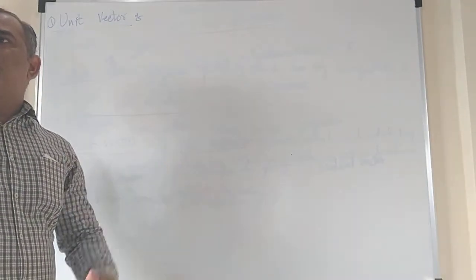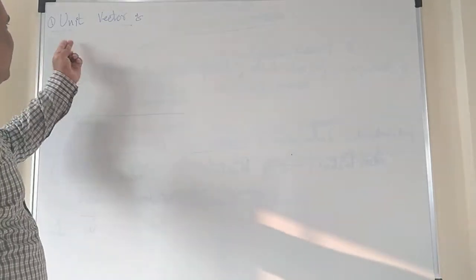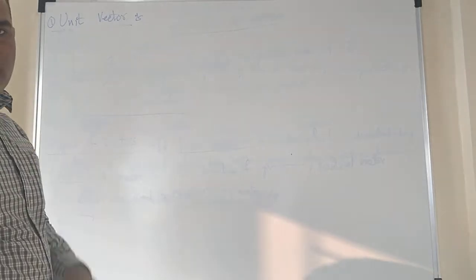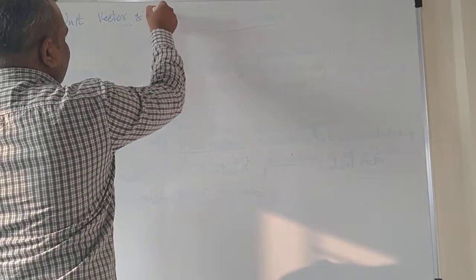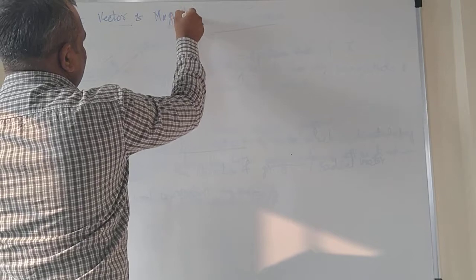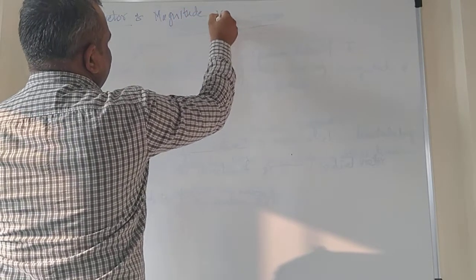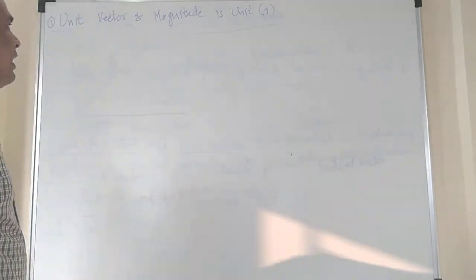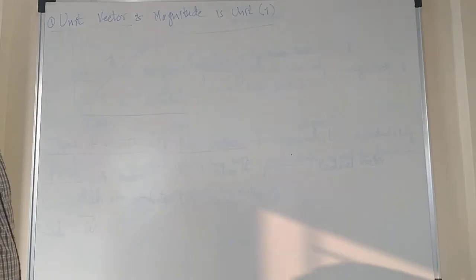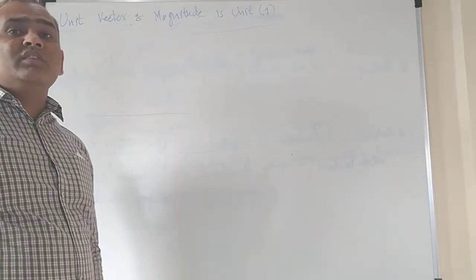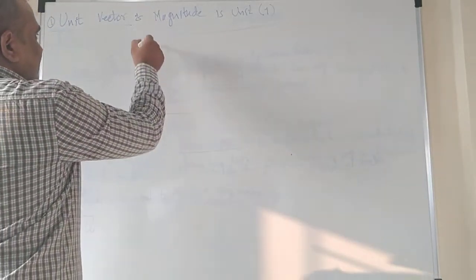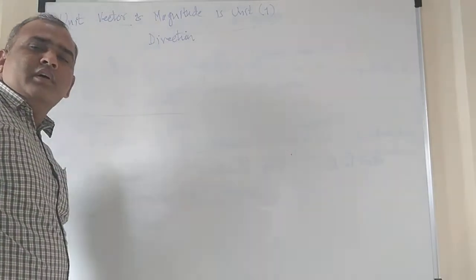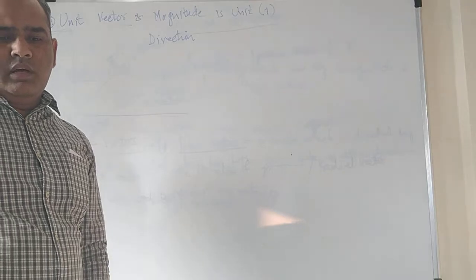So the name of the vector itself indicates that for a unit vector, its magnitude is unit 1. So I can say a vector whose magnitude is unit 1, and the direction of the unit vector is along the direction of the given vector. So a unit vector has a direction also, but its magnitude is equal to 1.